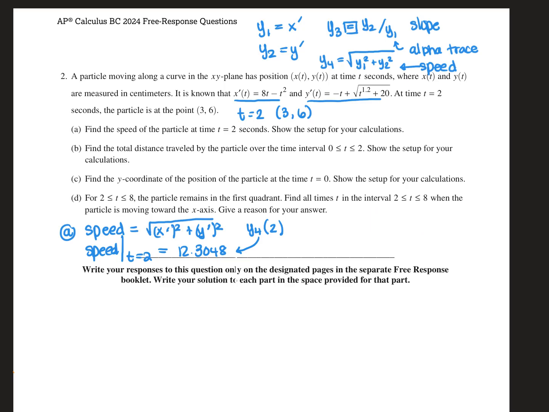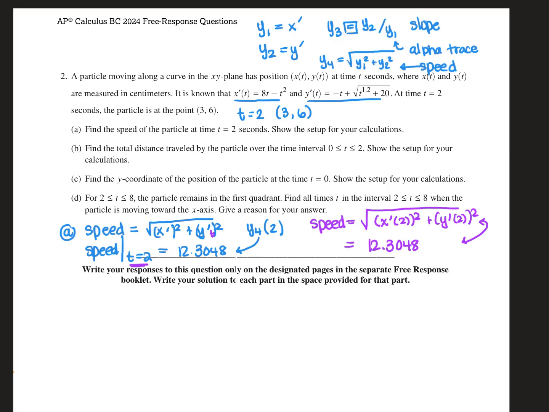So we could write our speed is equal to the square root of x prime at 2 squared plus y prime at 2 squared, and then immediately we can say that's equal to 12.3048. So just be really careful. This one was in terms of t, so I have to make sure I show that I'm plugging in t, or write it that you already plugged in the 2, and then you can go straight to equals. You must show the equation.